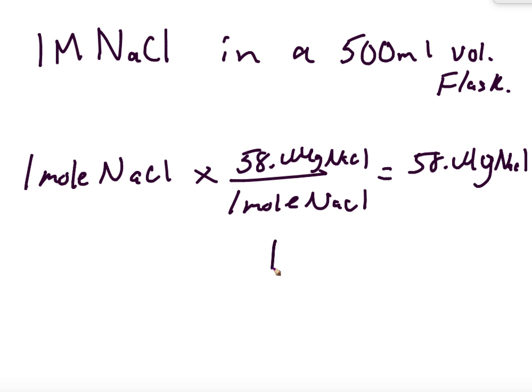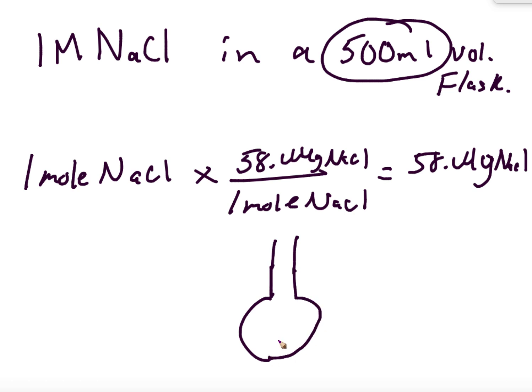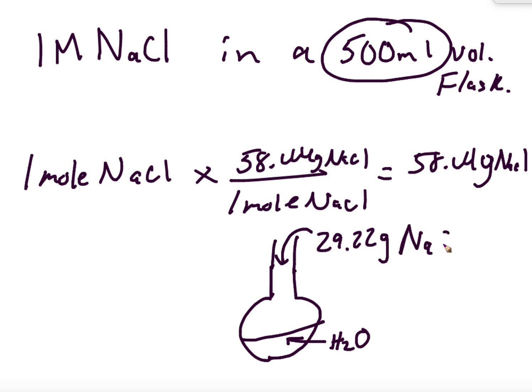But wait, it's going to be kind of different. This is the key thing here, 500 milliliters. We put 58.44 grams of NaCl in a 1 liter volumetric flask, and we know 1 liter equals 1,000 milliliters. So we already have our water. Now, we're going to take half of this, since it's a 500 milliliter flask, and only put 29.22 grams of NaCl in here.